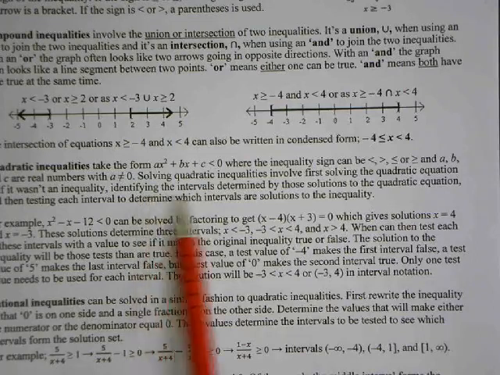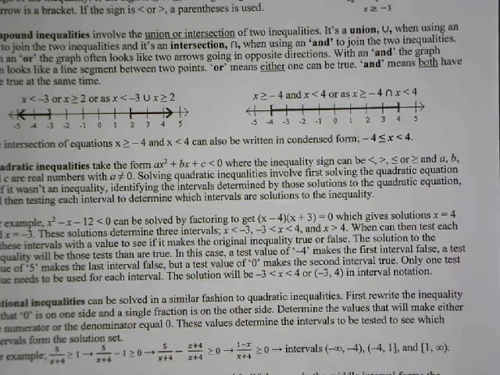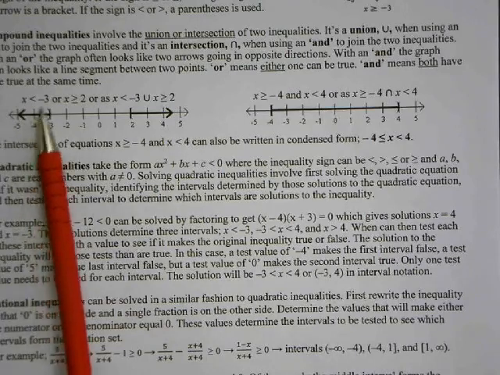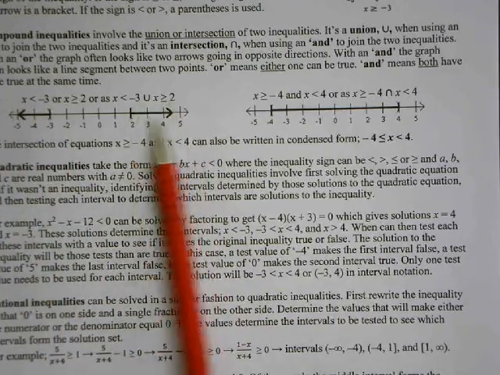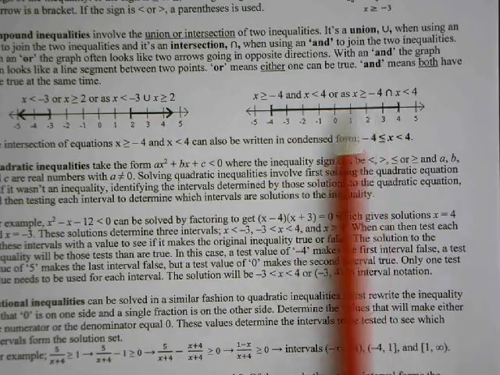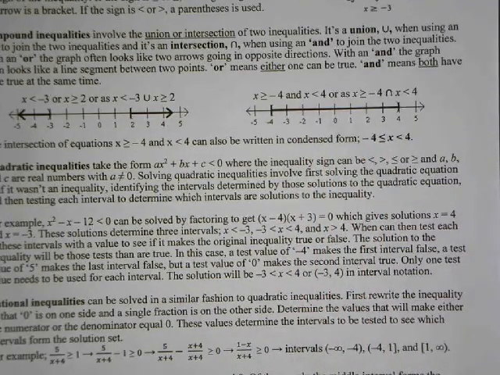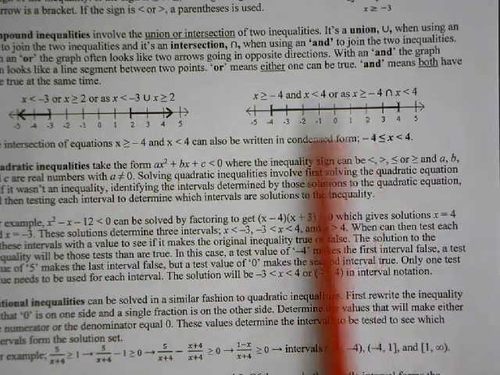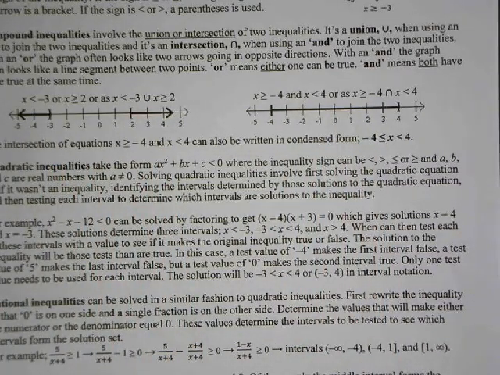That allows us to identify which intervals to check. And usually what's going to happen, and you'll see an example later on, is it's kind of an inside or outside kind of thing. In other words, our intervals will give us something that may be over to the left or to the right or in between. Generally, either the outside ones tend to work or the inside one tends to work. But we'll see an example of that shortly.